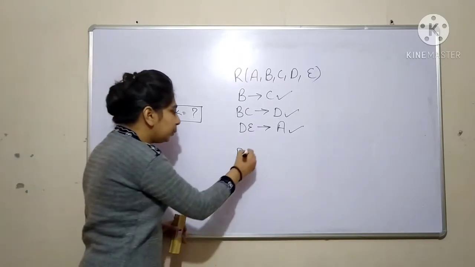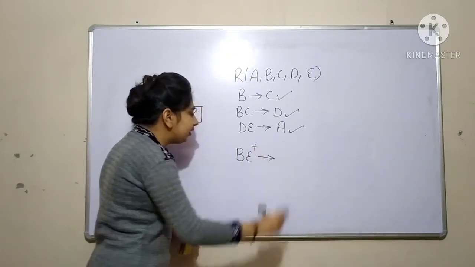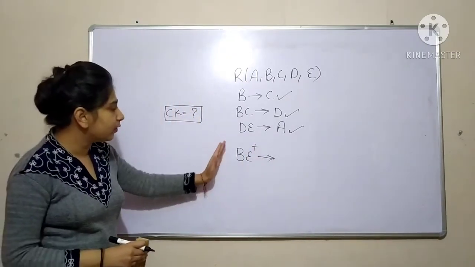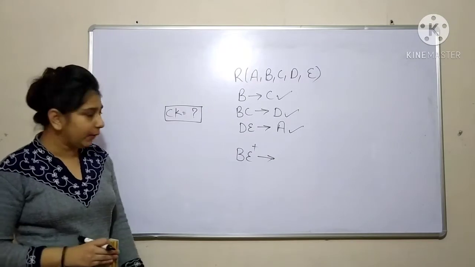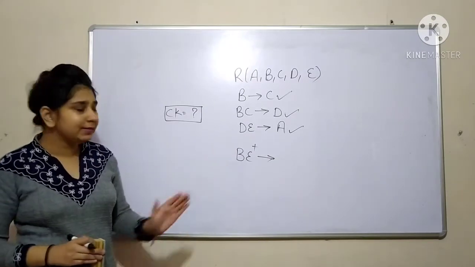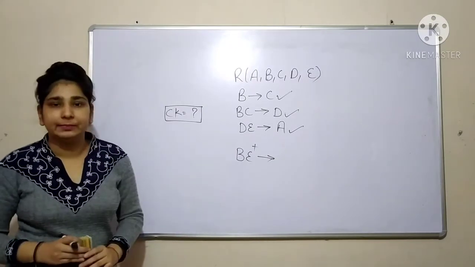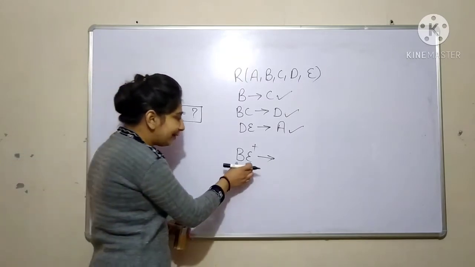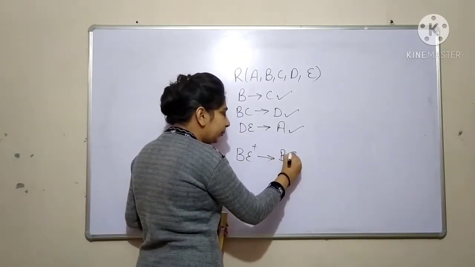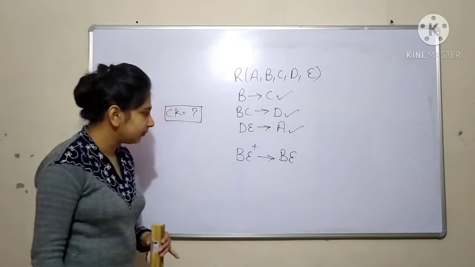Firstly, we will be finding the closure of BE. We will be finding out the closure of BE. Firstly, the closure of BE would be BE.